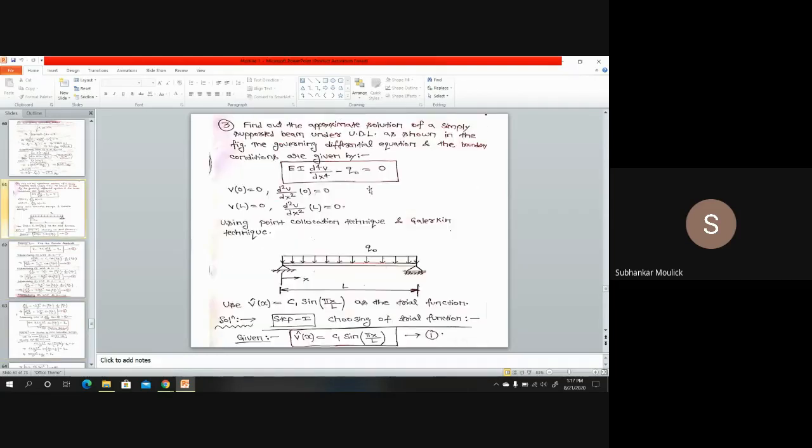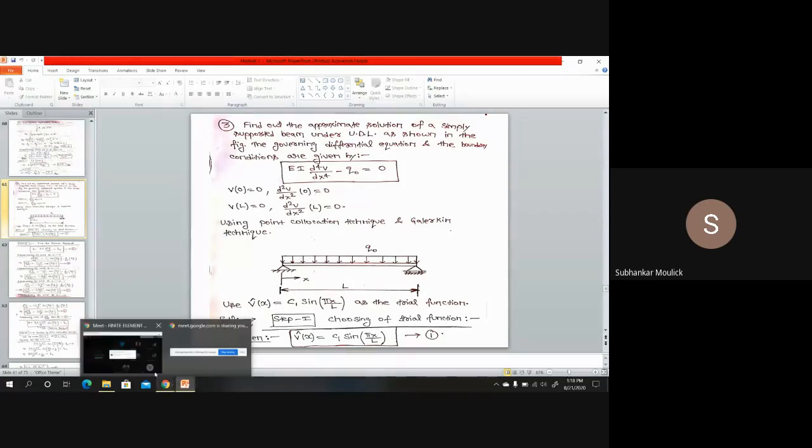In this problem the domain varies from x equal to 0 to x equal to L, so between 0 and L you can take n number of collocating points to get the approximate solution.